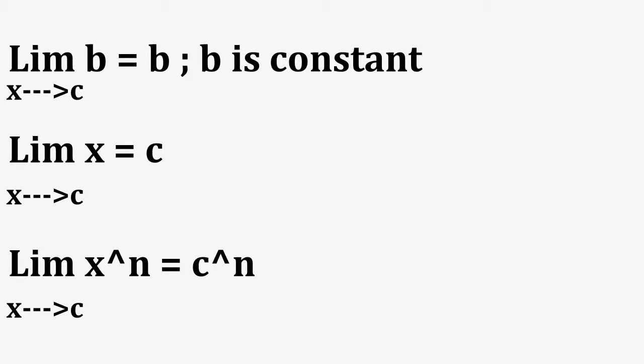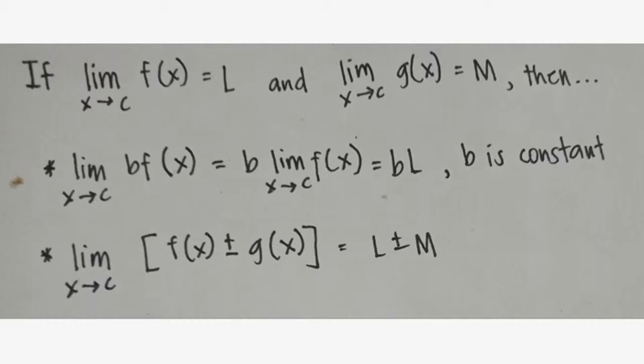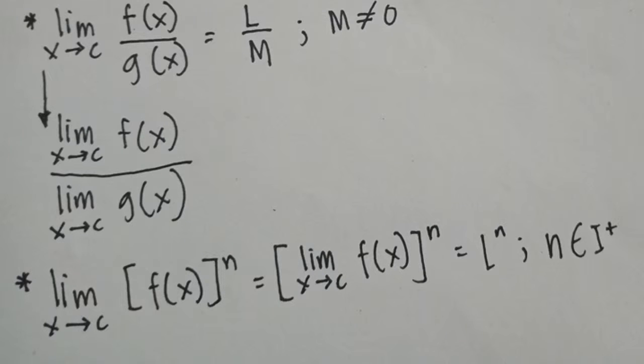There are actually rules of limits. So it's best to remember those rules, but not just by remembering them, but also understanding them in order to avoid complications in evaluating your limits.